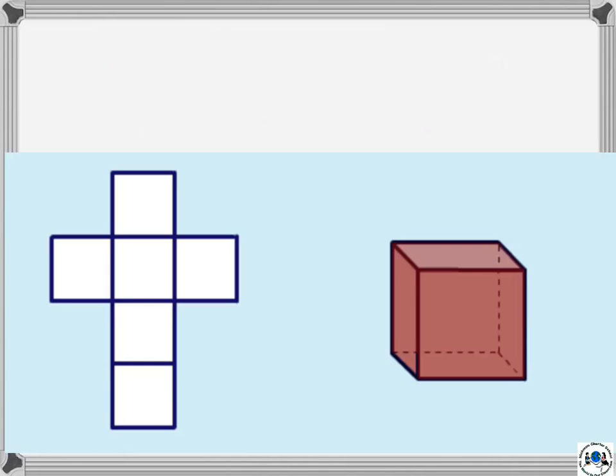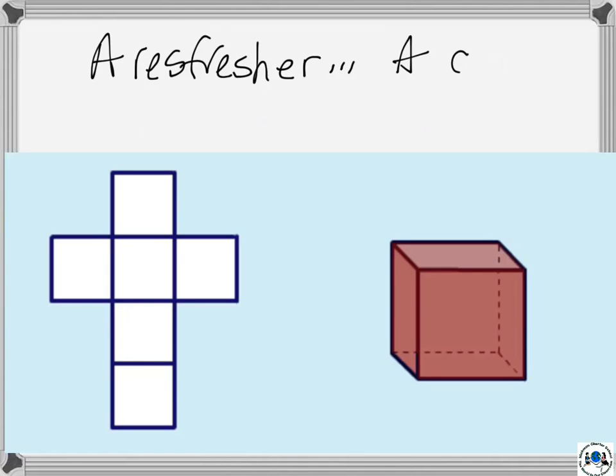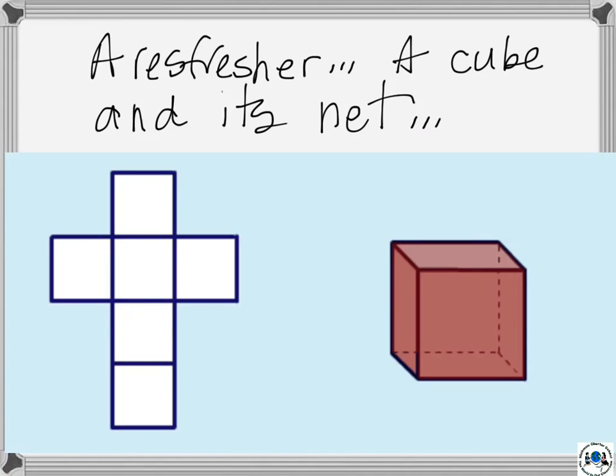For example, a refresher, a cube and its net. I call it a refresher because those of you who did the cube problem of the month, and I'm sure there's many of you out there, might recall that you had to come up with the various nets that could be folded or constructed into a cube.